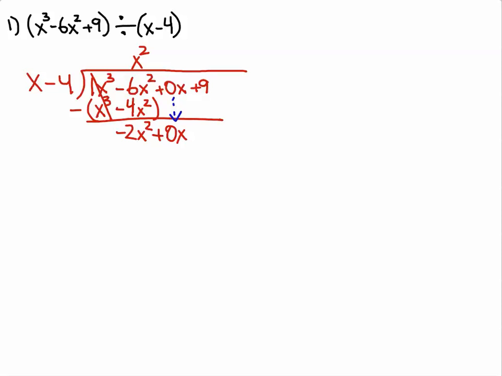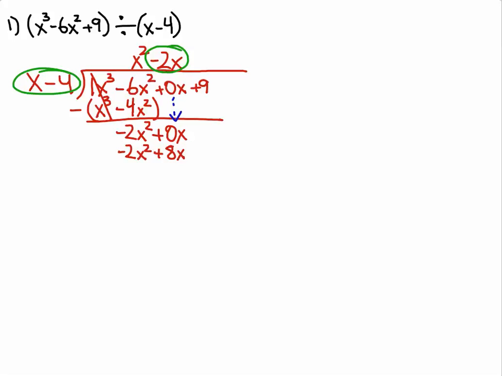So then, what times x is negative 2x squared? Or negative 2x squared divided by x is what? The answer is negative 2x, because the negative 2x that I just drew multiplied by the x minus 4 will make the entire business of negative 2x squared plus 8x.